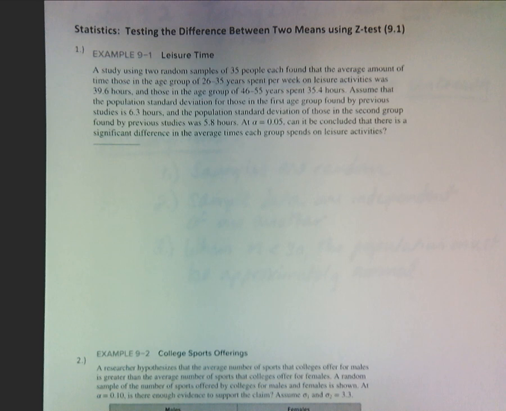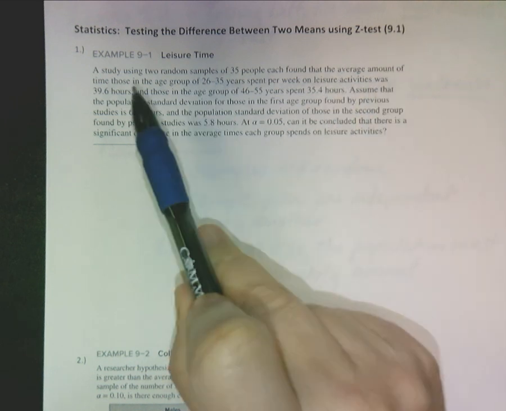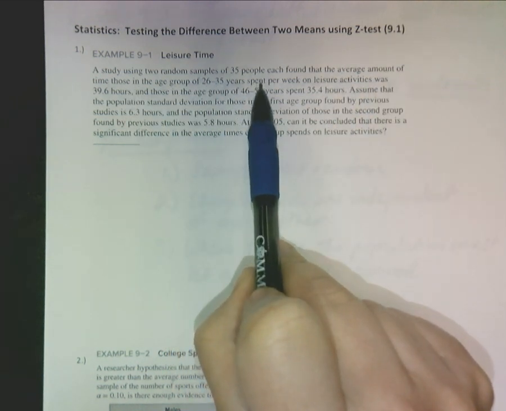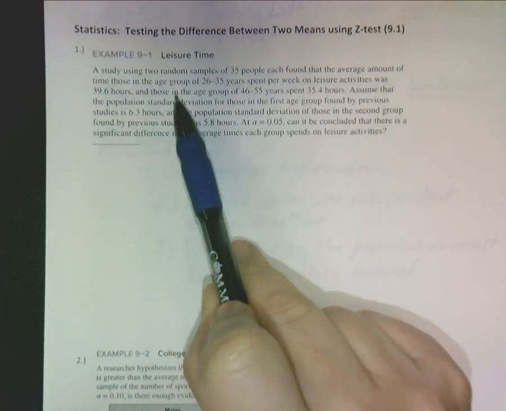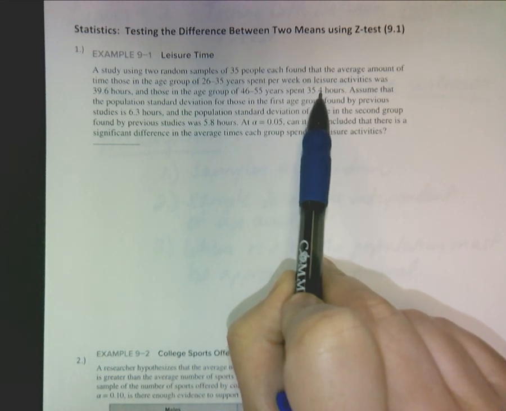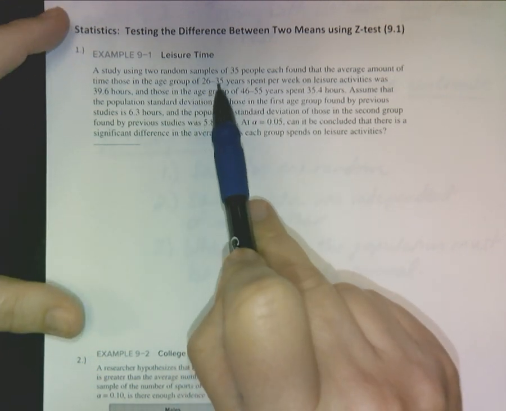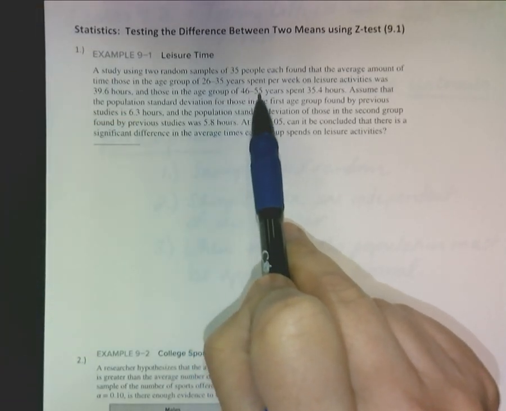So, number 1, a study using 2 random samples of 35 people each found that the average amount of time those in the age group of 25 to 35 years spent per week on leisure activities was 39.6 hours, and those in the age group of 46 to 55 years spent 35.4 hours. So again, our two groups are 26 to 35-year-olds and 46 to 55-year-olds.